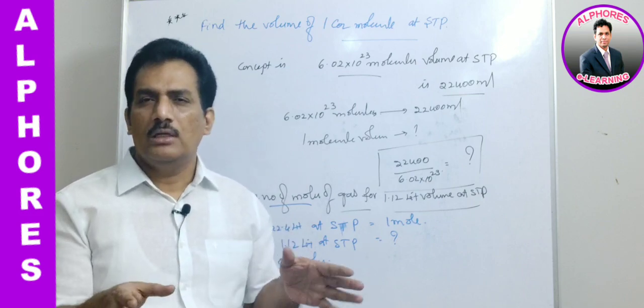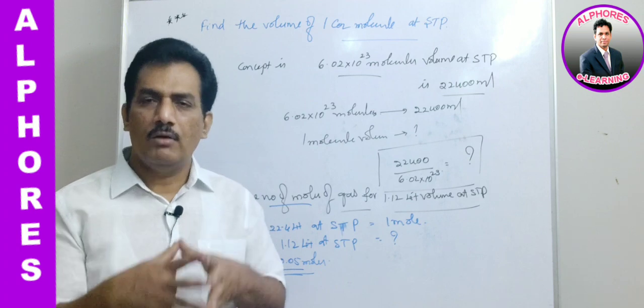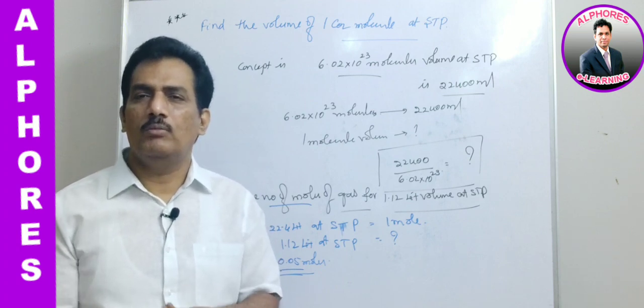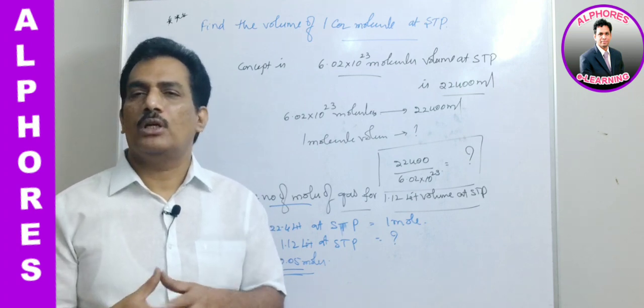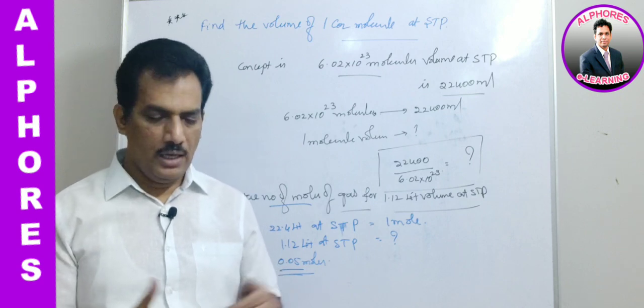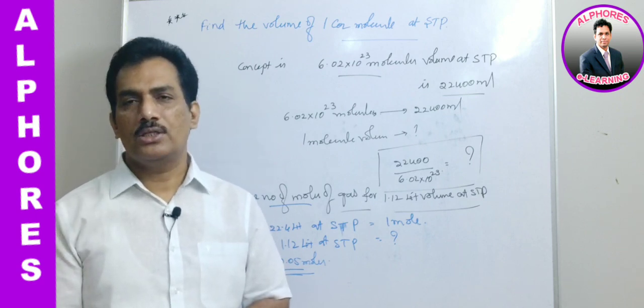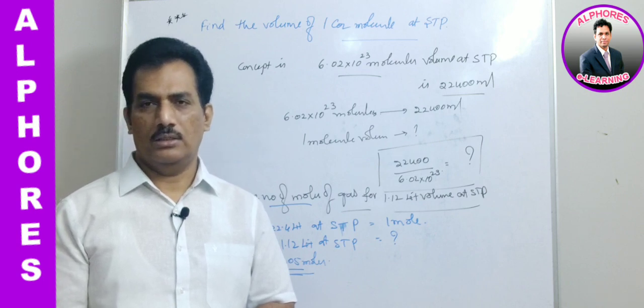All these are interrelations among weight, volume and mole. These are nothing but stoichiometric calculations. In the next sessions we will have a discussion on stoichiometric calculations. Clear?